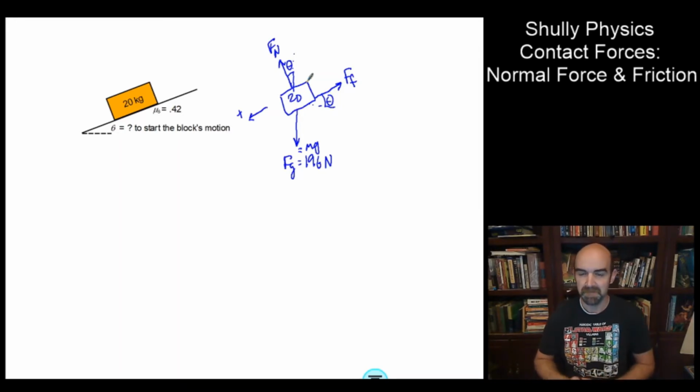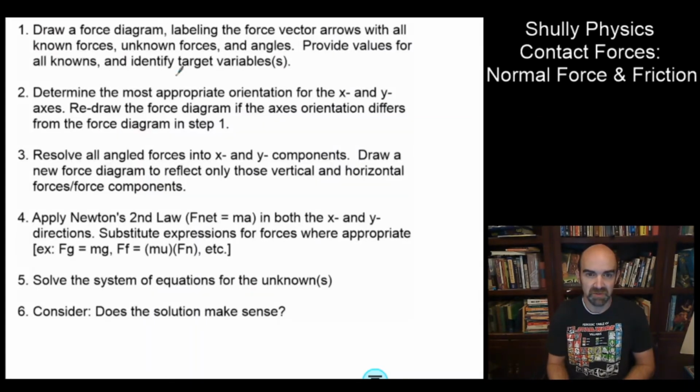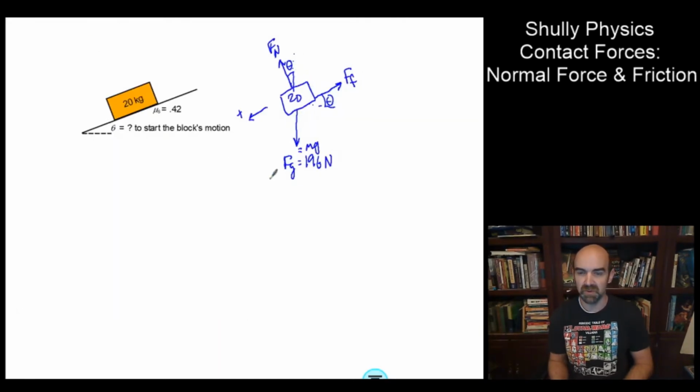All right, so that would be a better perspective here. So thinking about the problem solving process, we're going to determine the most appropriate orientation and redraw, and then take any angled forces and put them in their component form. Okay. All right, so I think we've labeled everything and given values to everything we know.